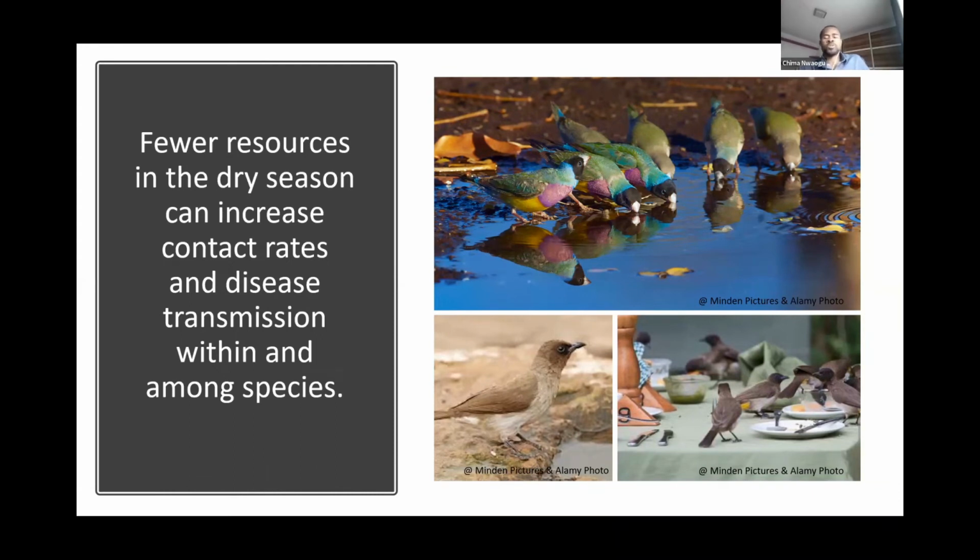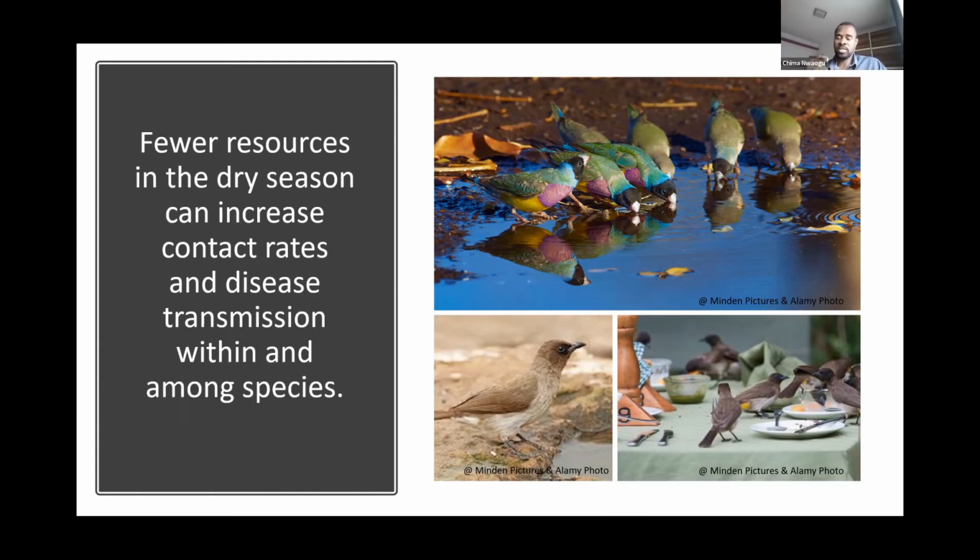So what we thought might be the alternative hypothesis is that perhaps what is important is that in the dry season, different species cluster around fewer resources. And in the dry season, you don't have a lot of flowing streams because there's no rain.